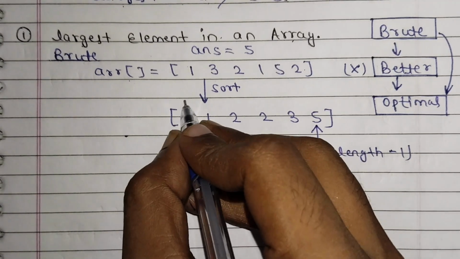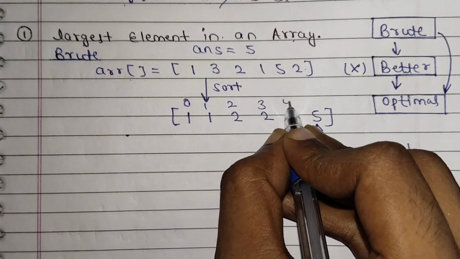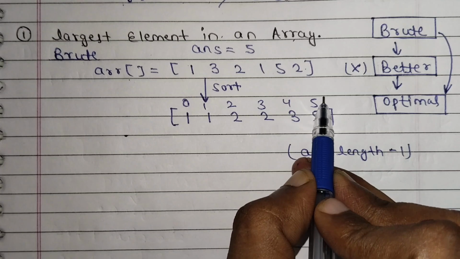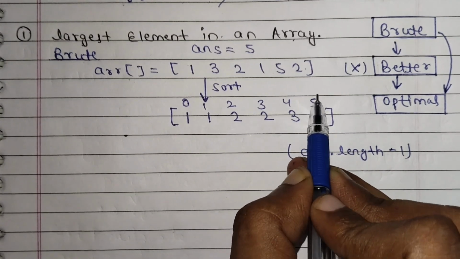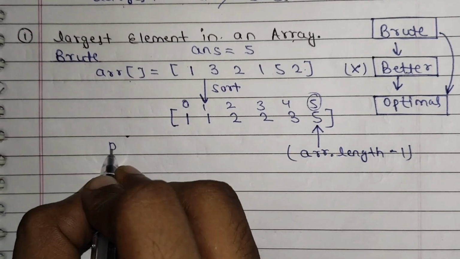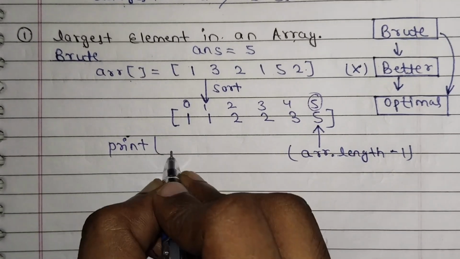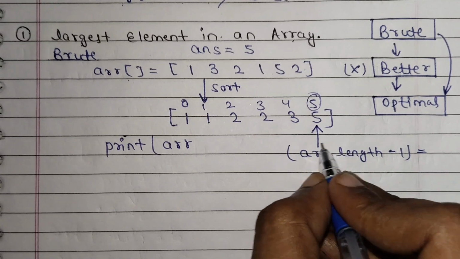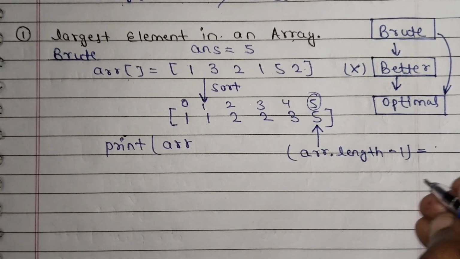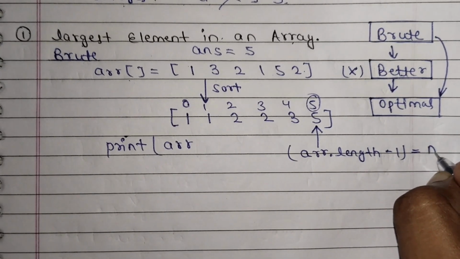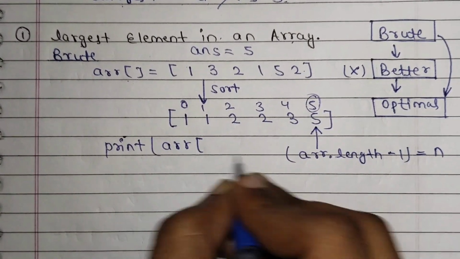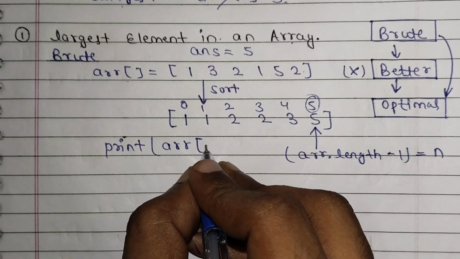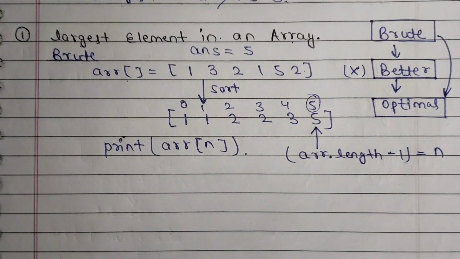So with indexing 0, 1, 2, 3, 4, 5, the index of this element in the array is 5. Let's suppose arr.length minus 1 is equal to n, and we have to print the element at that index. So print arr of n is our answer.